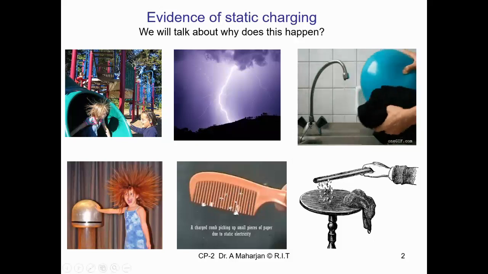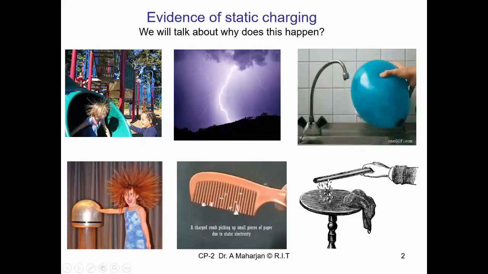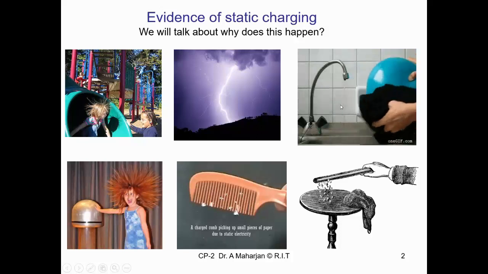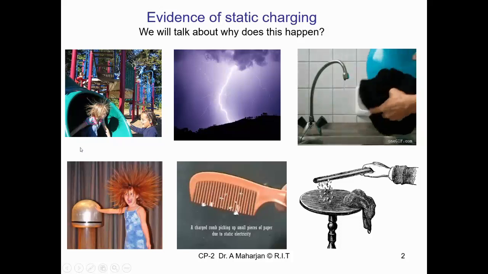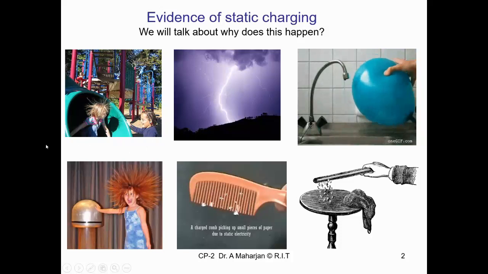So this is how static charging was discovered. And think about a charged balloon. First you have to statically charge a balloon, by rubbing with the cloth or floor, and then you run a narrow stream of water from the faucet, and it can deflect the water flow. So what causes that? We'll be talking about that.